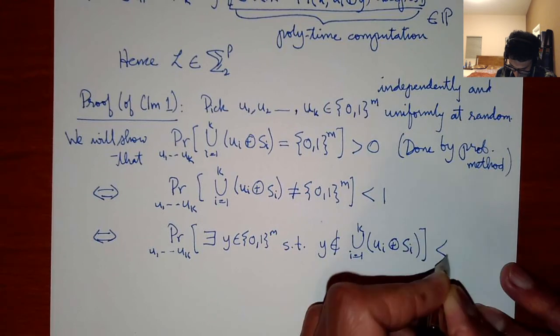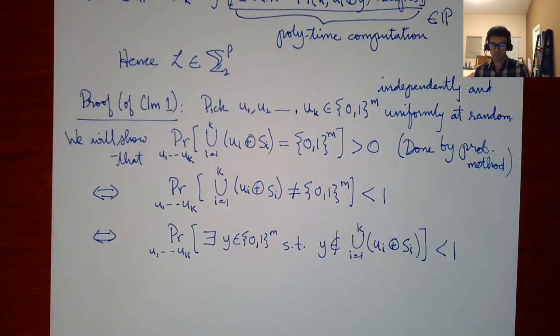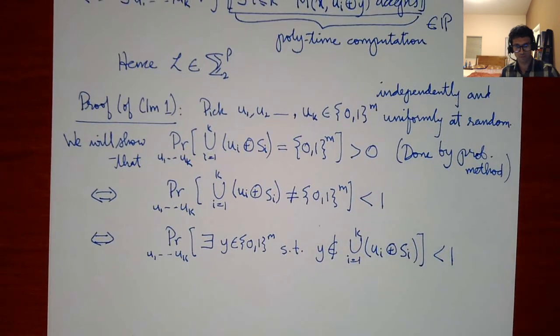But this probability is at most 1. This is just the probability that there exists a y such that y doesn't lie in the shifts. I'm going to prove that this is less than 1.